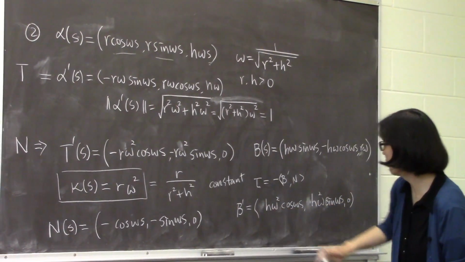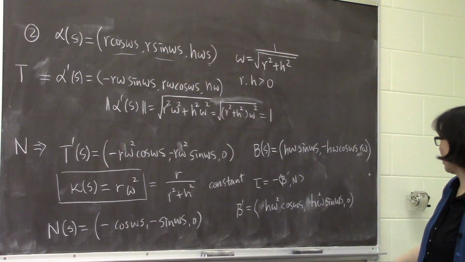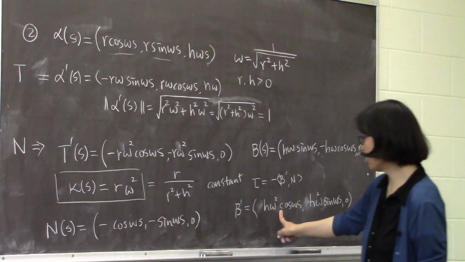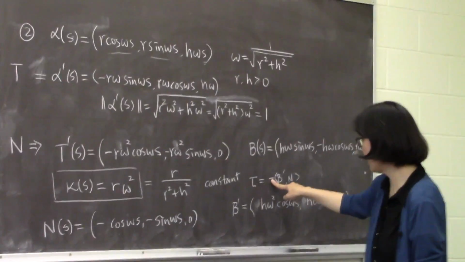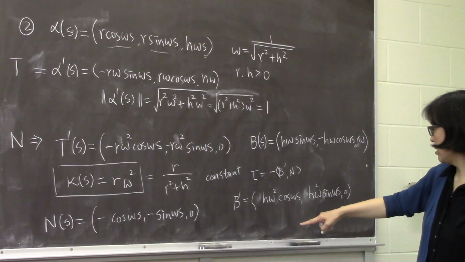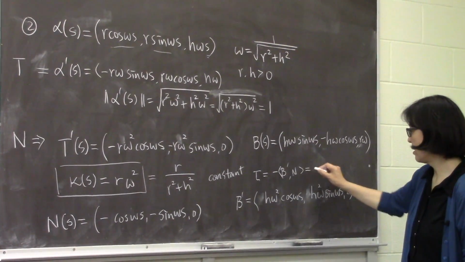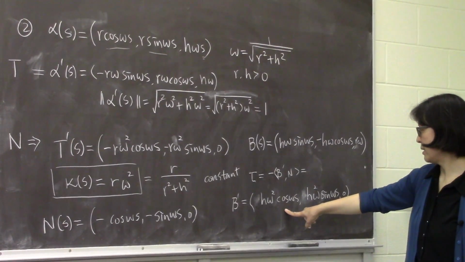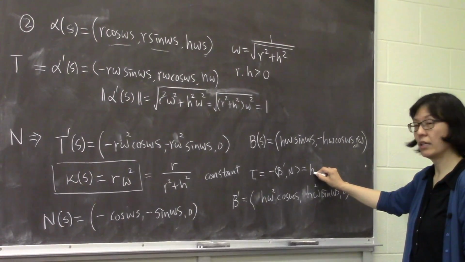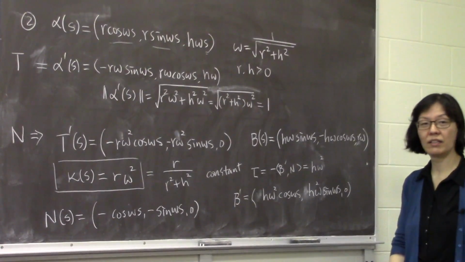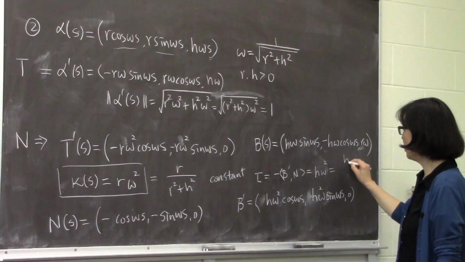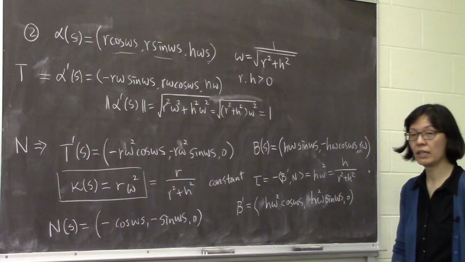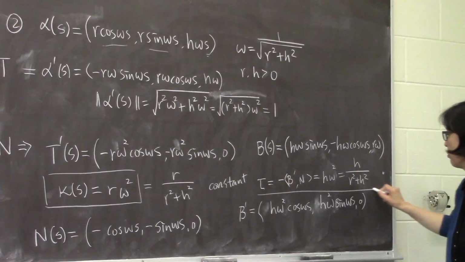Oh yeah, okay, thank you. Then that is okay, right? Okay, dot product then we have a minus, but we have another minus there from the definition. And so what do you have? That is H omega squared, right? So here that means H over R squared plus H squared. That is the torsion we have.